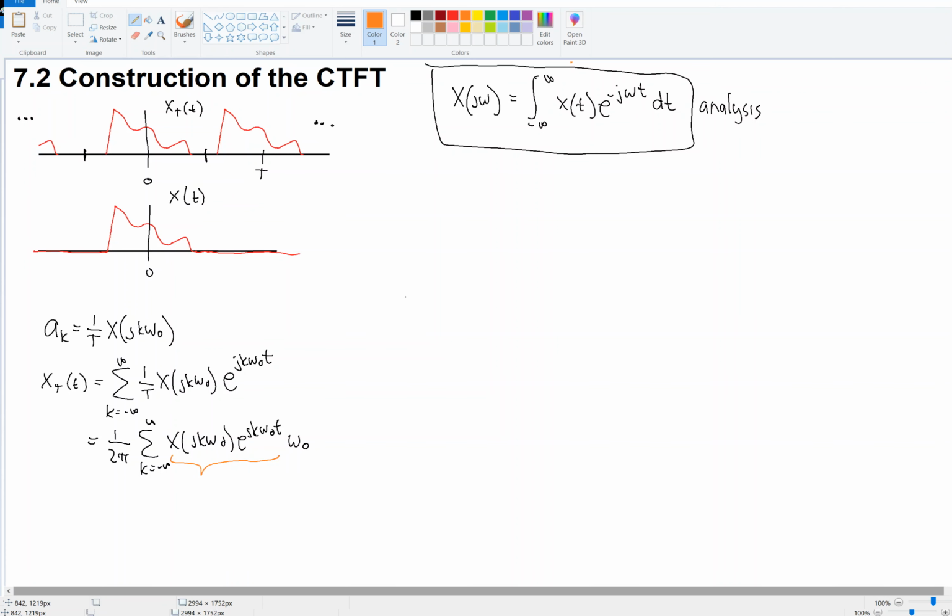So everything but the omega 0. And let's consider k omega 0 as being a continuous variable that's being sampled at this k omega 0. So in other words, I want to consider x of j omega times e to the j omega t, where omega is a continuous variable.